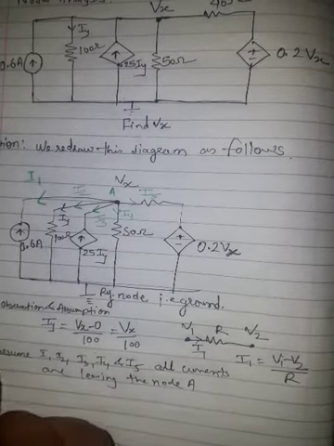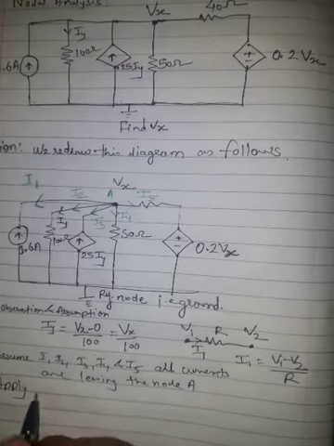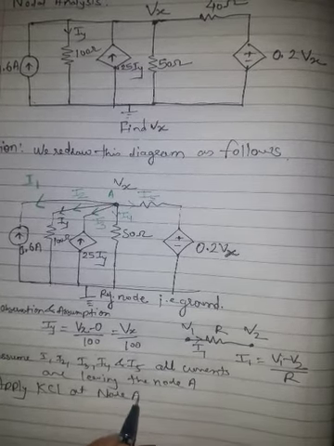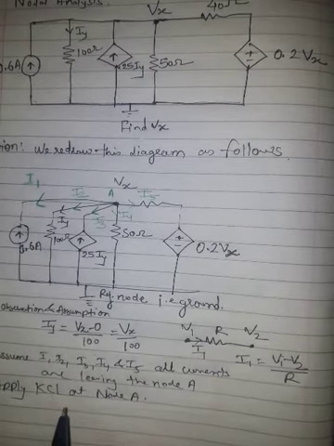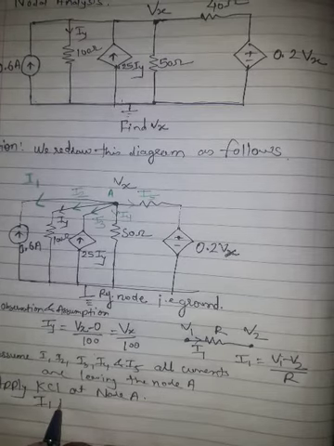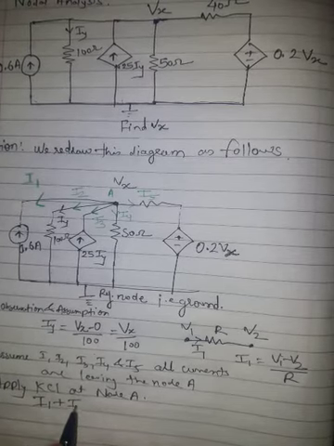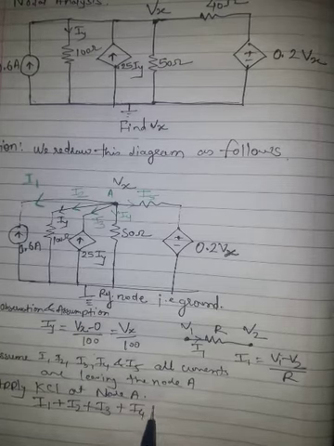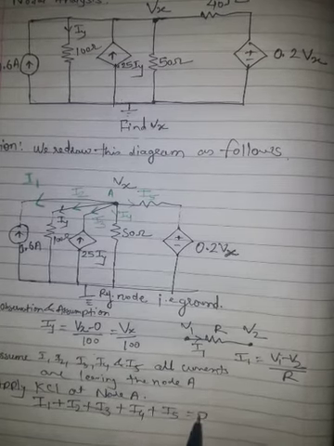So apply KCL at node A, then the algebraic sum of the currents leaving from that point is equal to 0. So I1 plus I2 plus I3 plus I4 plus I5 is equal to 0.